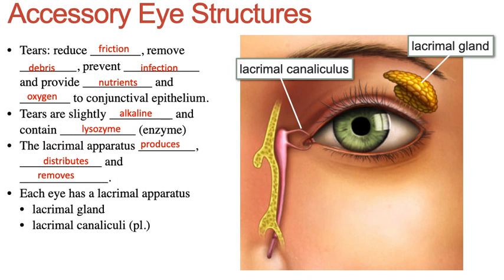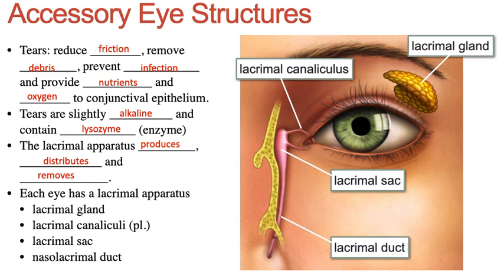So these paired lacrimal canaliculi are going to drain into the lacrimal sac. The lacrimal sac is just like an upper dilated structure that is continuous with the lacrimal duct. The duct is going to deliver tears to the nasal cavity on whatever side of the face it's located on.